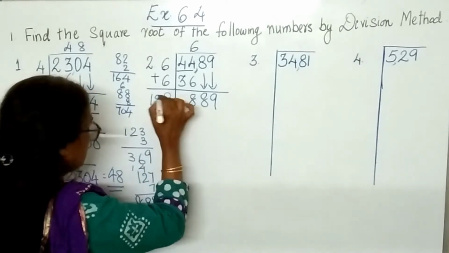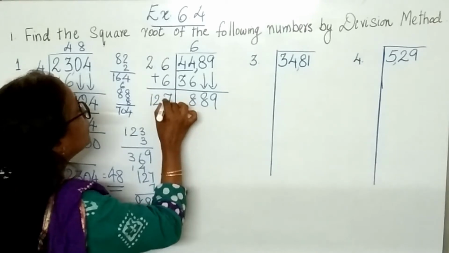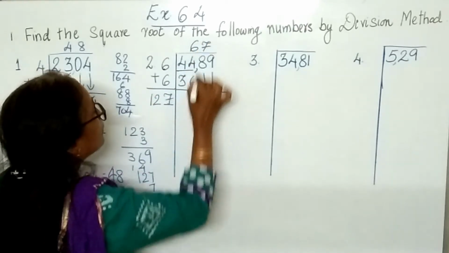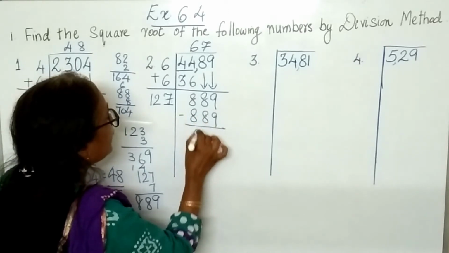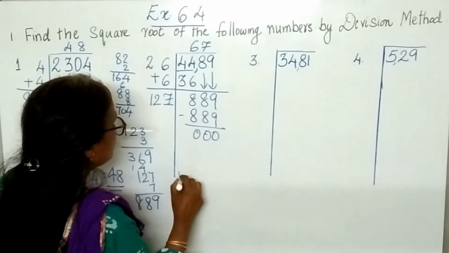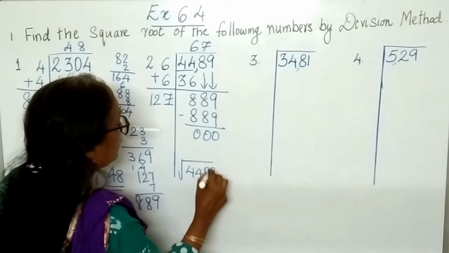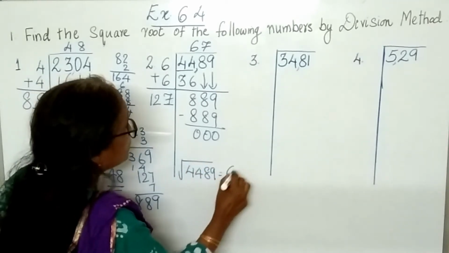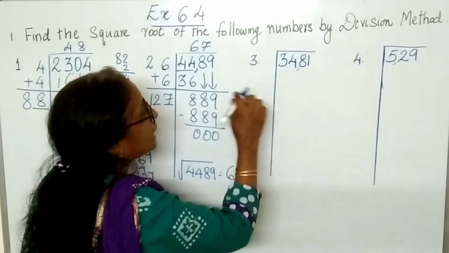So the number is 7. When we subtract, we get 0. So the square root of 4489 is 67.